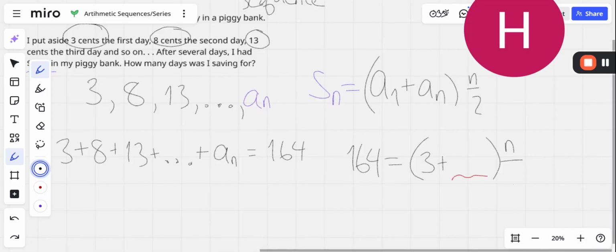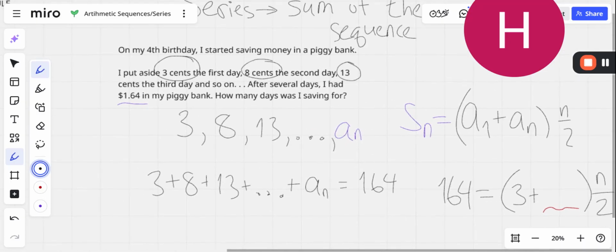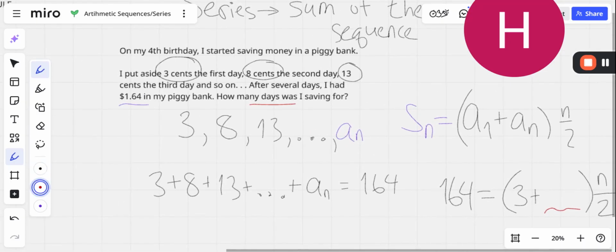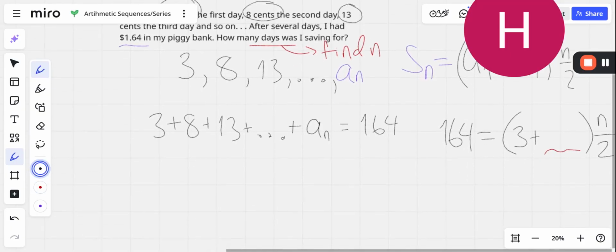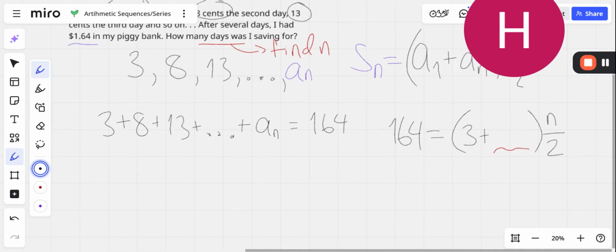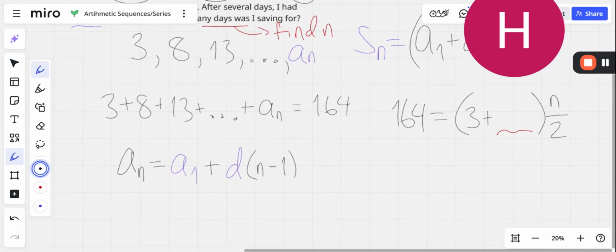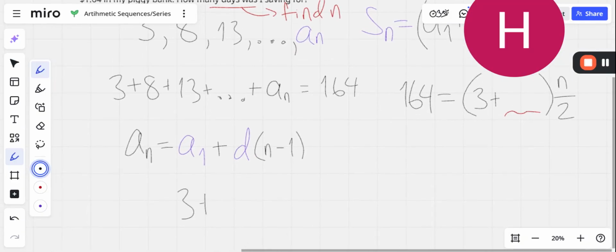The goal here is to find out what n is. How many days was I saving for? In other words, they're basically having us find n. So we can't do that unless we have an expression for an. Remember that an equals the starting value plus the common difference times n minus 1. Since we're starting at 3, can you identify the common difference here?